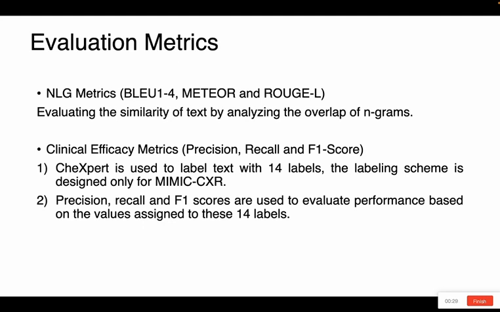As for clinical efficacy metrics, we first use CheXbert to label text with 14 labels. The labeling scheme is designed only for MIMIC-CXR. The precision, recall and F1 scores are used to evaluate performance based on the values assigned to these 14 labels.